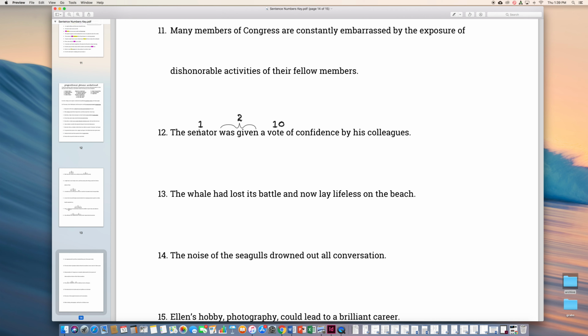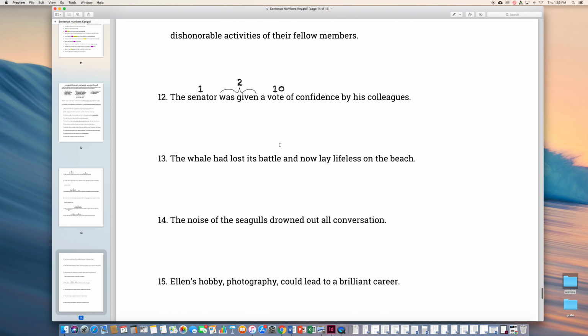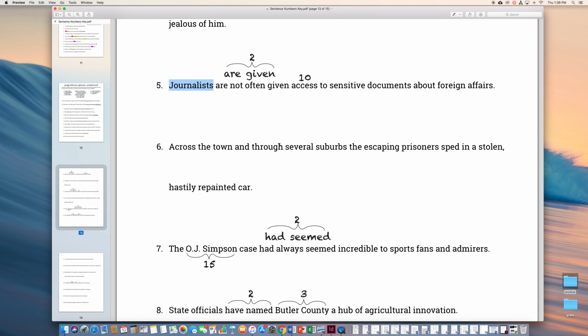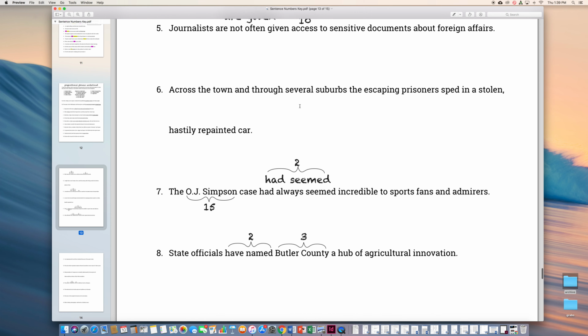So theoretically, the senator would give a vote, but he's actually receiving here. So again we have this example of a retained object. Okay, that one is tricky, but it only appears in this exercise in these two instances. So take a look at those sentences and try to think about that.